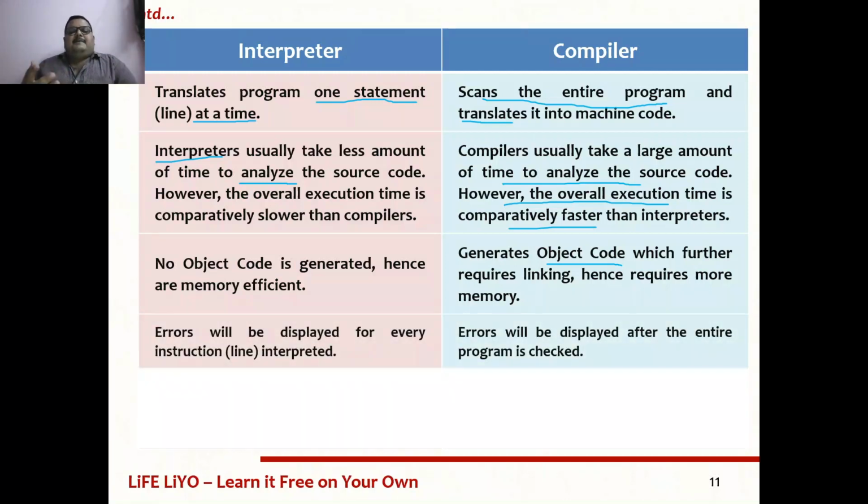Now, we are repeatedly saying that the interpreter translates one statement at a time. That means an error will be displayed for every instruction if any errors are there. The compiler will display errors after the entire program is checked.